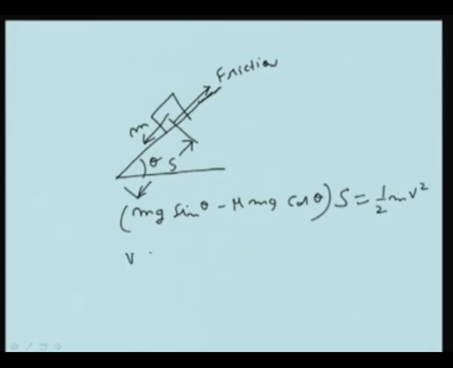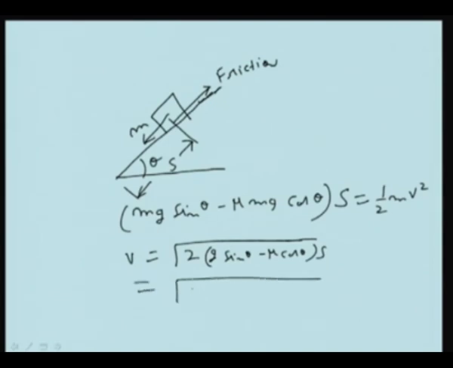Therefore, v is equal to the square root of 2g(sin theta minus mu cos theta) times s, which can be written as 2gh minus 2 mu cot theta, where h is this height. So, due to friction, the velocity will decrease.